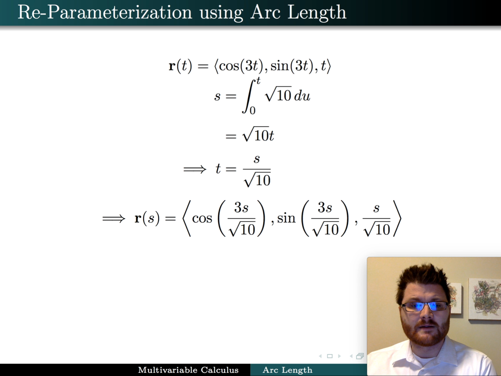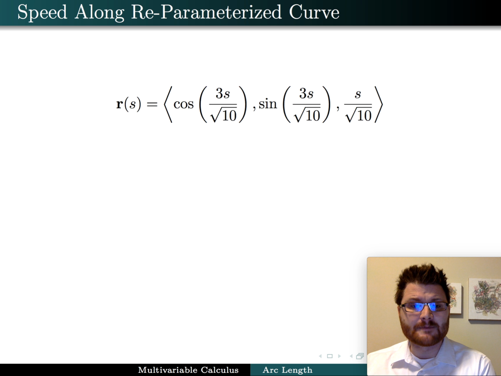Or if I want s to be -3, I want to talk about going 3 units in the other direction. Or if s is 10, I'm talking about going forward along my path 10 units. So sometimes it's a nice way to express my vector valued function parameterized in terms of arc length. It makes a lot of things a lot simpler.